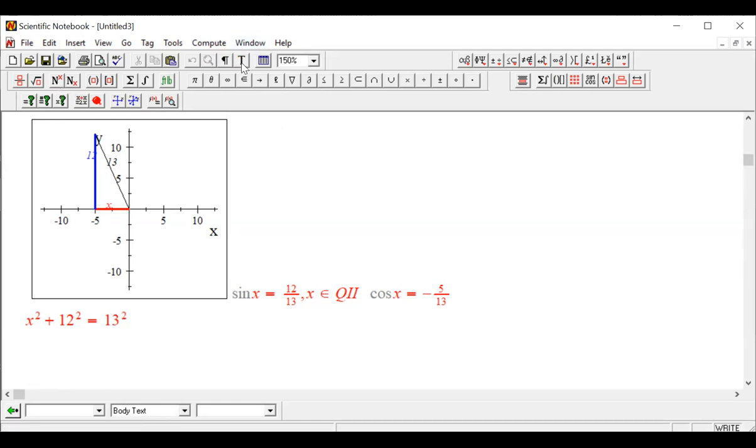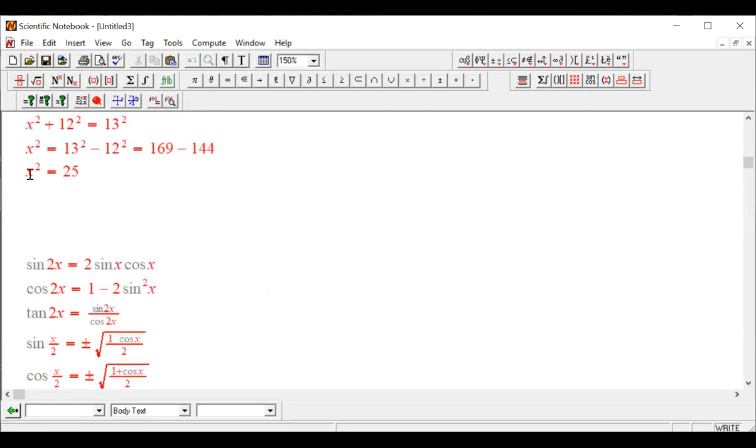Subtracting 12 squared on both sides, x squared equals 13 squared minus 12 squared, which is 169 minus 144. So that will make x squared equal to 25. Okay, watch the following step.